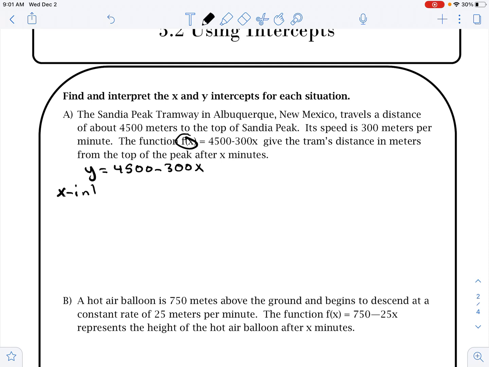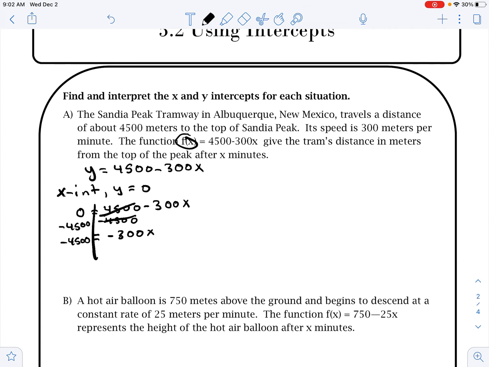So if I want to find the x-intercept, then I make y equal to 0. So I say 0 equals 4,500 minus 300x. And now we want to solve for x. So I'm going to get rid of 4,500. So that's negative 4,500 is equal to negative 300x.